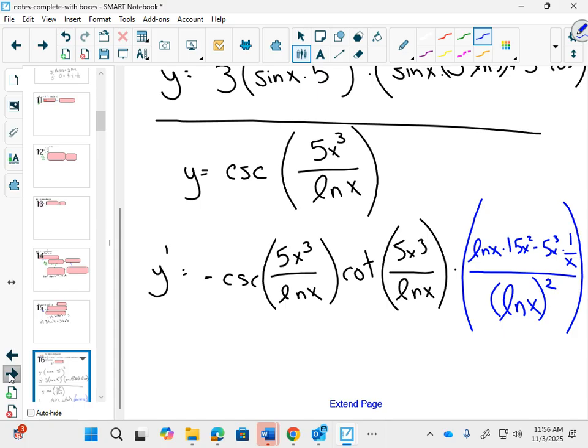Tomorrow we are going to add chain rules inside of chain rules. And what I want you to do for the last 3 minutes, I know there's not a lot of time.